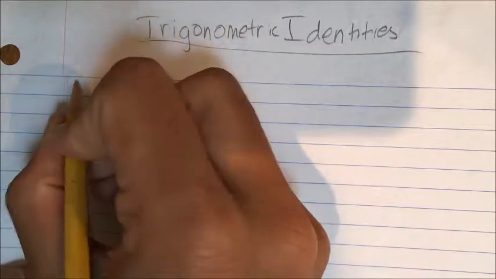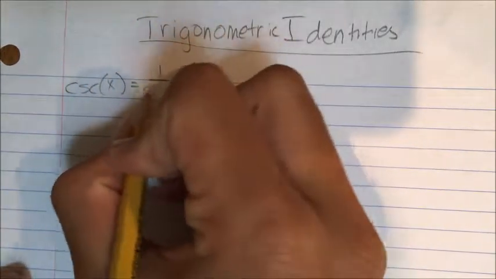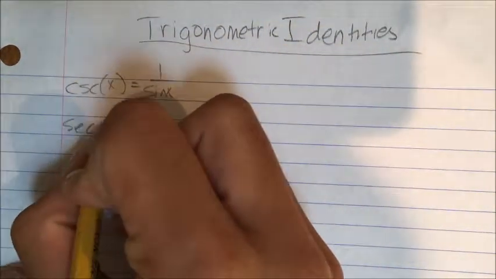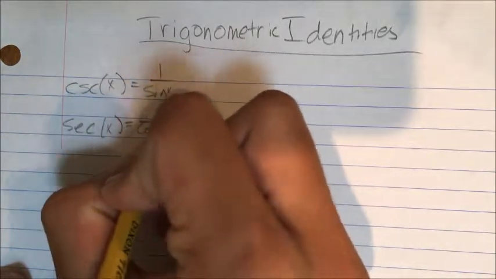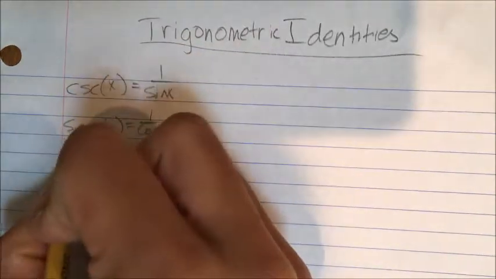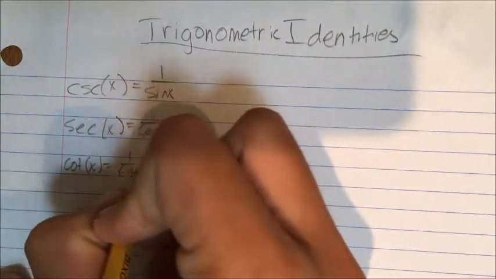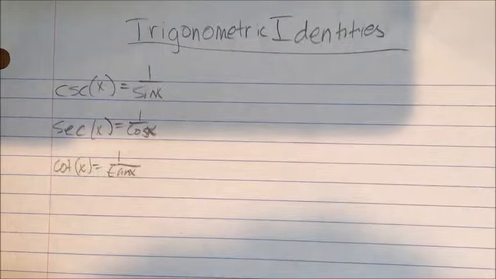And you should probably memorize these. We don't need to prove these because these are the definitions of cosecant, secant, and cotangent.